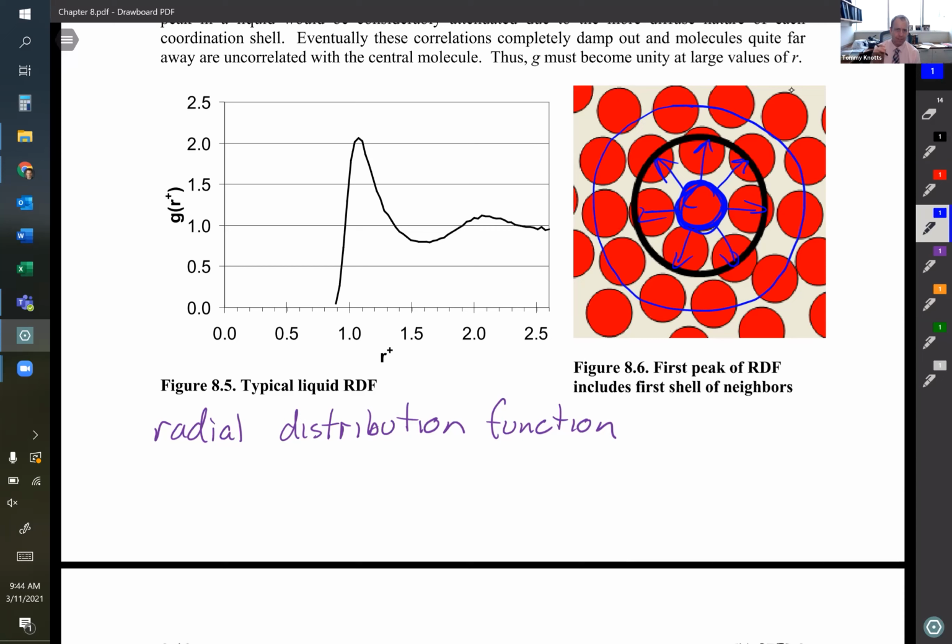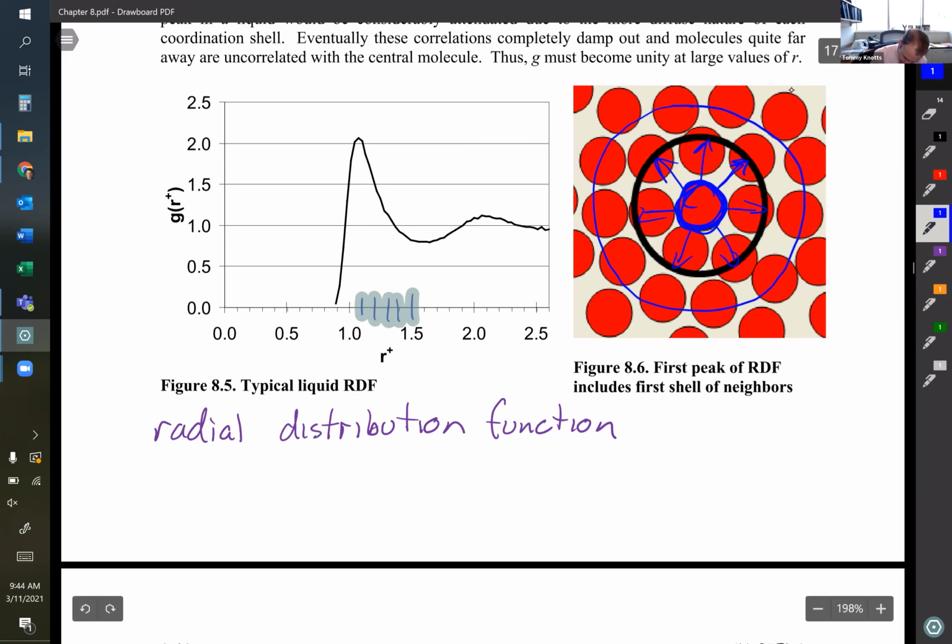And I can quantify this. If I start just keeping track of how many particles are in each shell a certain distance away from me, I can do it at, say, a dimensionless distance of 1, 1.1, 1.2, 1.3, 1.4, 1.5. I can count how many atoms there are in that shell.